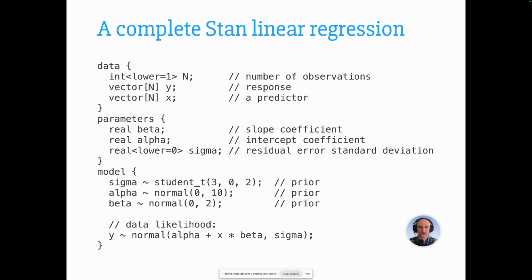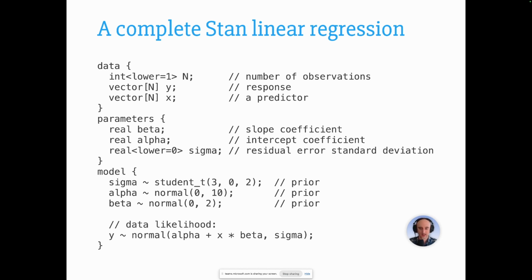So my sigma student t is actually a half student t with a degrees of freedom of 3, a mean of 0, and a scale parameter of 2. And then I've got a normal 0,10 prior on my intercept, and a normal 0,2 prior on beta.